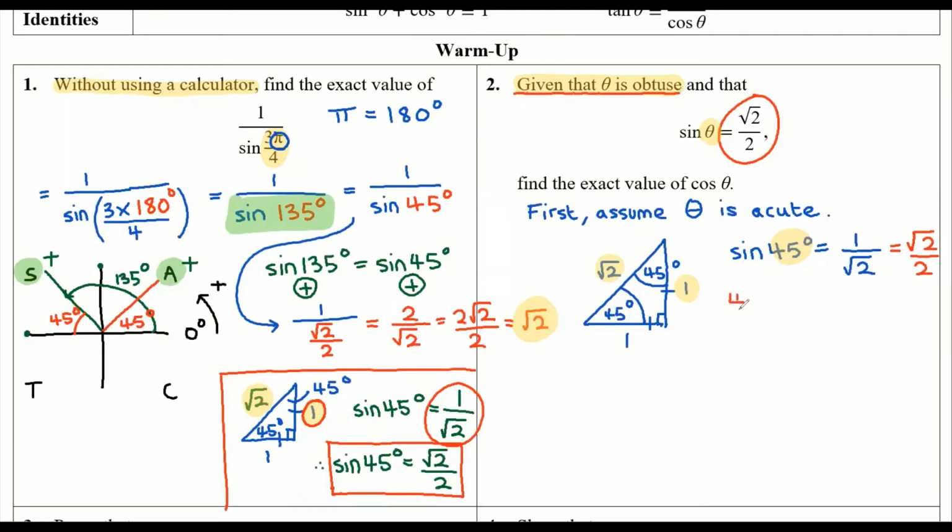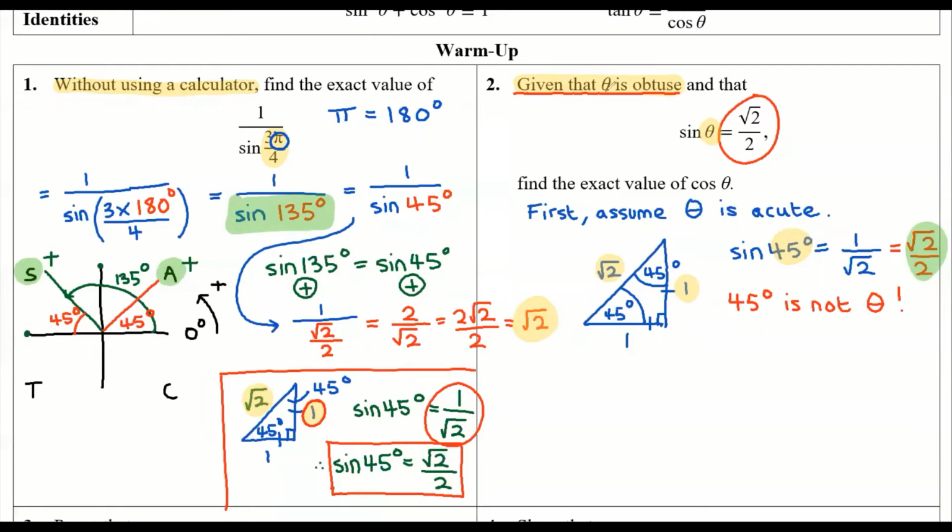So 45 degrees is not what theta is. So we need an obtuse equivalent that gives me the same value, the root 2 over 2 that we have here. So this is where we use the CAST diagram.